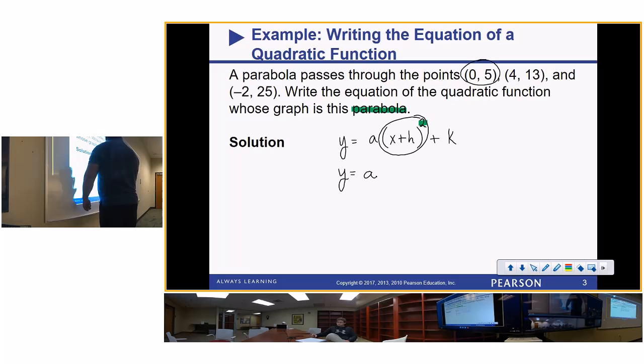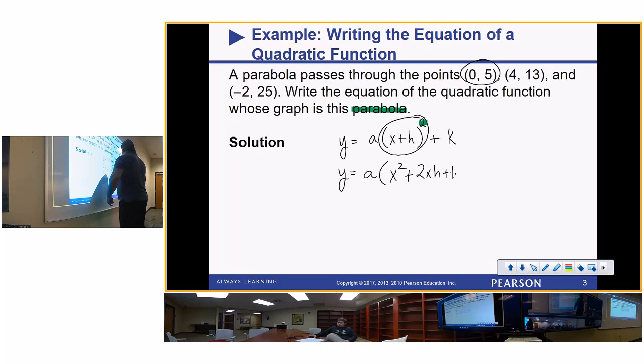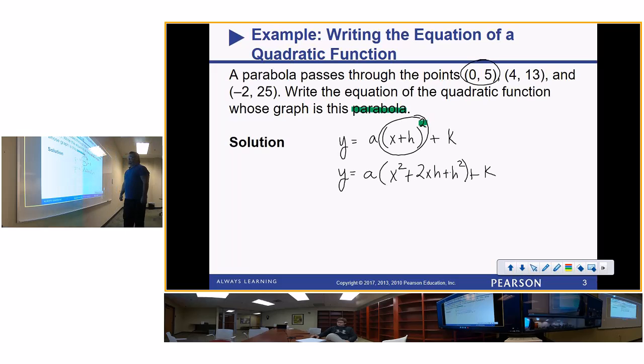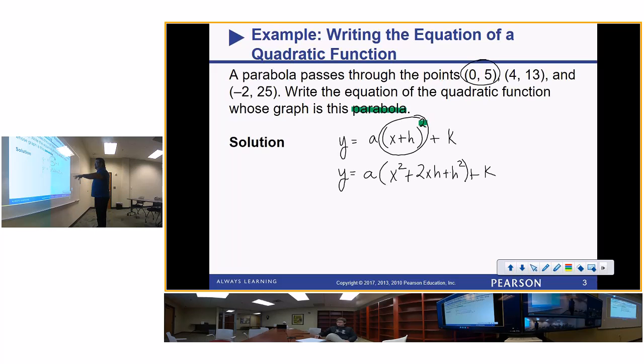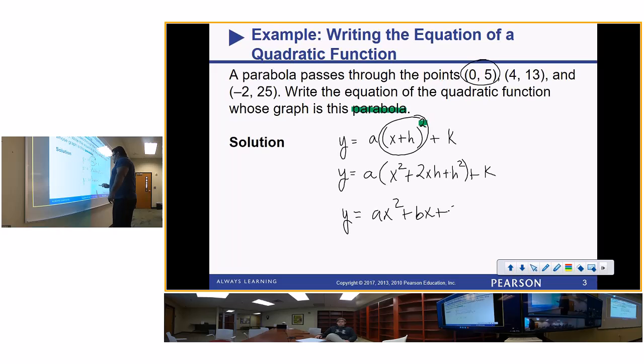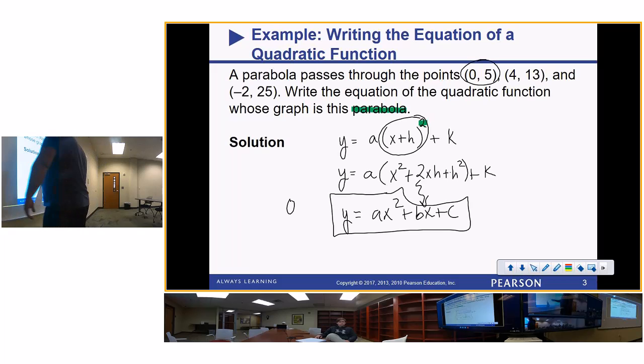Shortcut number 1, Hubert. That's right. x squared shortcut number 1, plus 2xh plus h squared plus k. And if you do all that out, you're going to get y is equal to ax squared plus bx plus c. So this is in quadratic form.